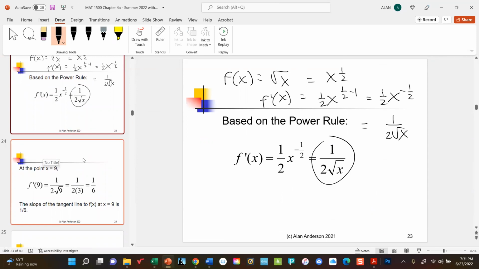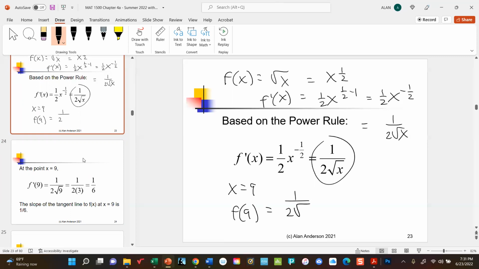And so we'll evaluate it when a, or x, equals 9. This is the value of the slope of the tangent line when x equals 9.